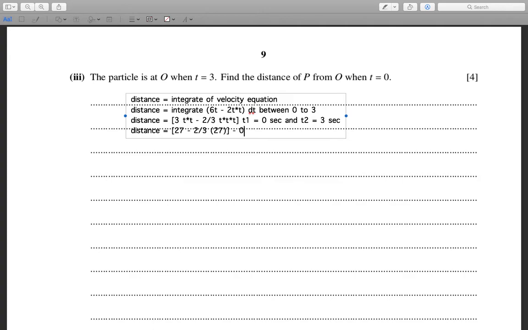Because if t equals 0, when we substitute it into this equation it becomes 0.